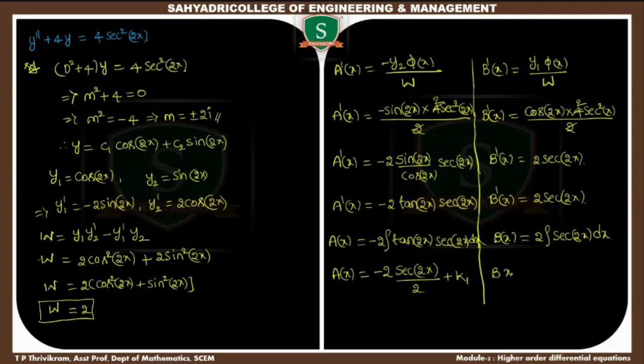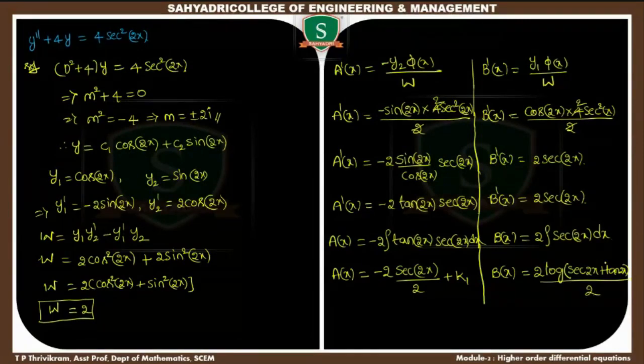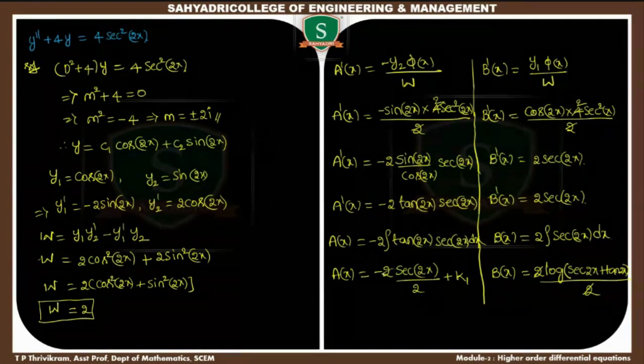Similarly, b of x is equal to 2 into the integration of secant. This is log of secant 2x plus tan 2x divided by 2. So the 2 and 2 get cancelled, and here also 2 gets cancelled, plus k2 you have to write.